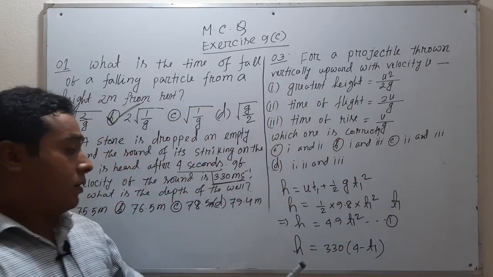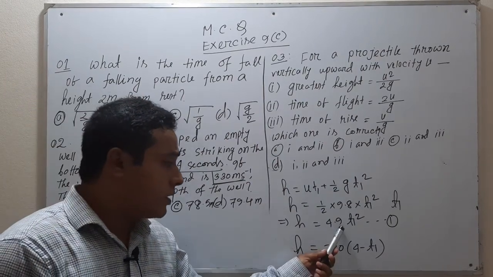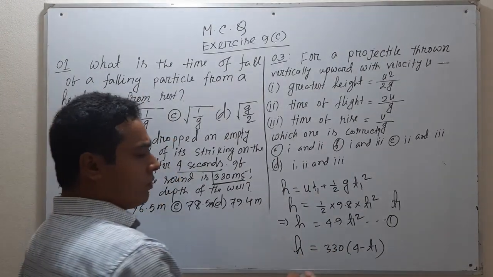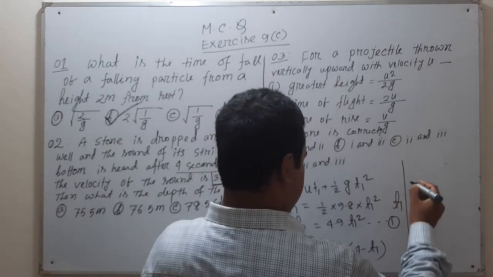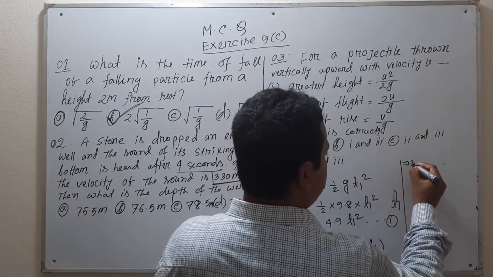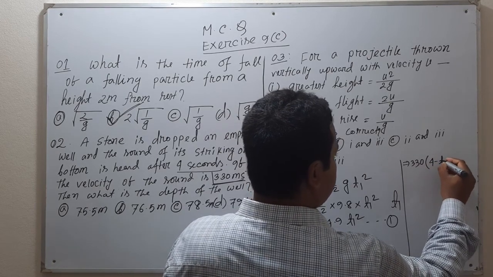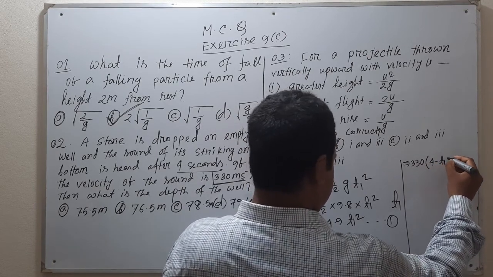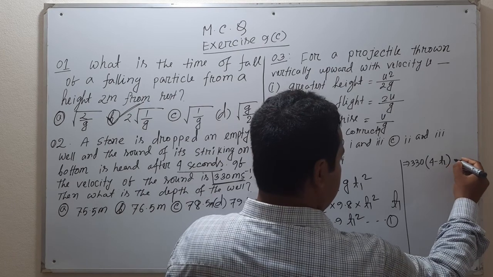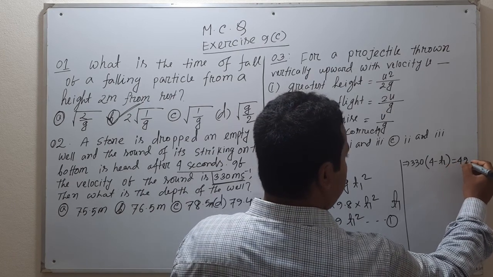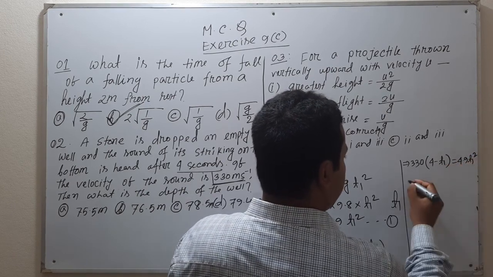Now put the value of h in equation 1, then 330 into 4 minus t1 is equal to 4.9 t1 square.